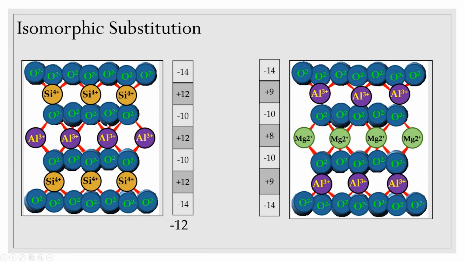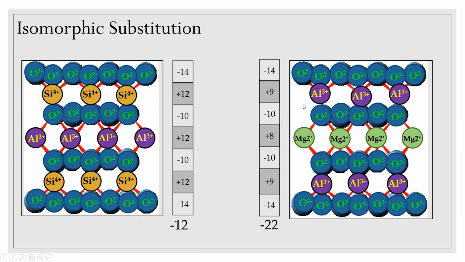So previously, if we had just a basic general 2-to-1 clay layer, we would have a charge of negative 12. When we do isomorphic substitution, the charge becomes more negative. I'm going to use terms like more negative and more positive when I'm discussing this isomorphic substitution and especially pH dependent charge.